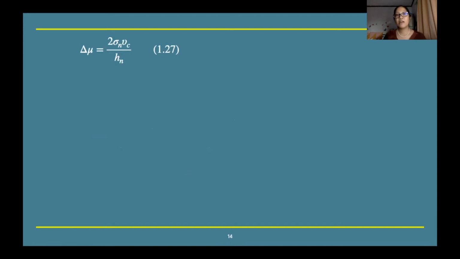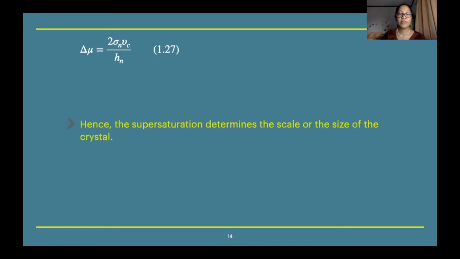So combining the two equations for the difference in the pressures, we have equation 1.27. The supersaturation, or the difference in the chemical potential, is now equal to 2 times the specific surface energy, sigma sub n, times the molar volume divided by the distance h. What is this saying?